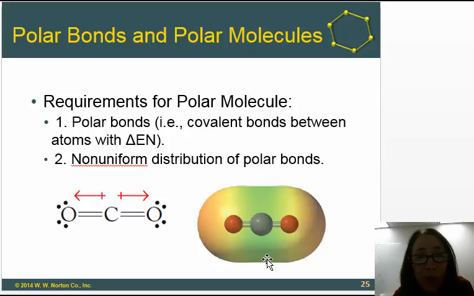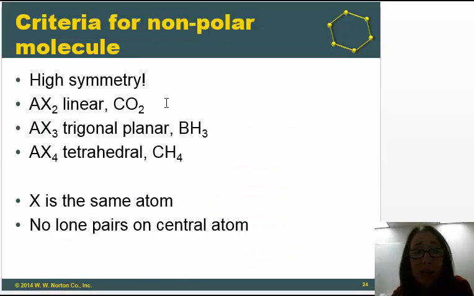However, the molecule is not polar. These dipole moments in essence cancel each other out because of the high symmetry. So you can have polar bonds, but if those polar bonds are in a highly symmetric molecule, then the molecule will be nonpolar.